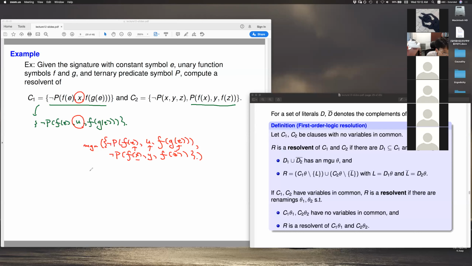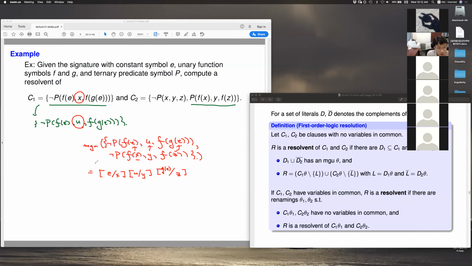So the MGU returns a substitution which says x should be replaced by e, y should be replaced by u, and then z will have to be replaced by g of e.